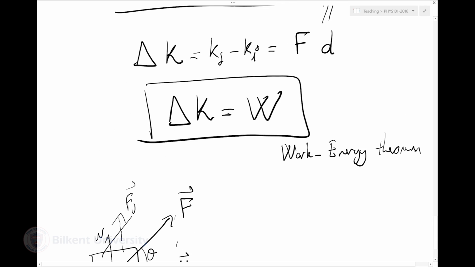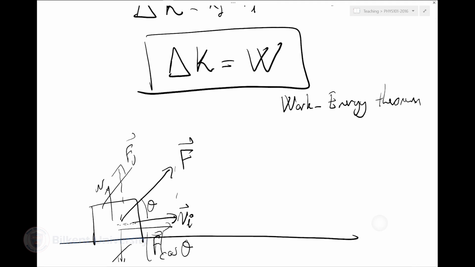But see, I can very quickly change the definition of work. I'll say work is not F times D. I'll say it's F dot displacement vector. What was our definition of the dot product? It was the magnitude of these vectors times cosine of the angle between them.